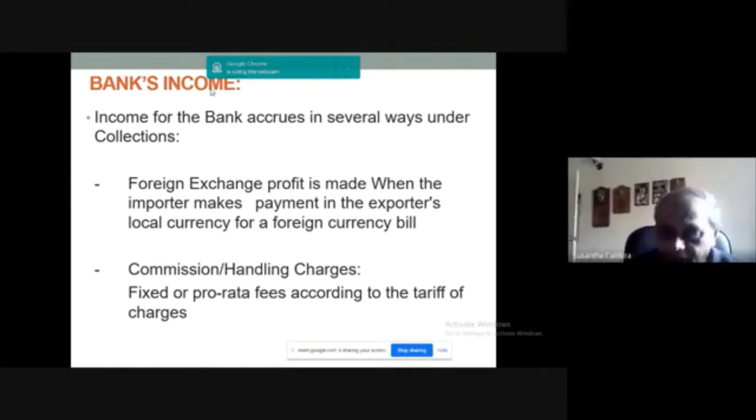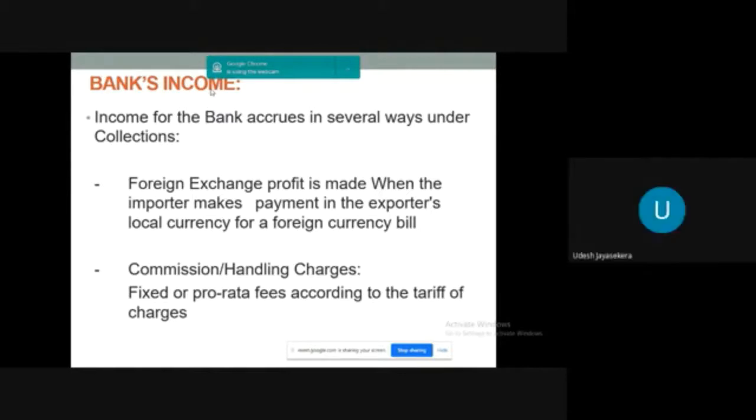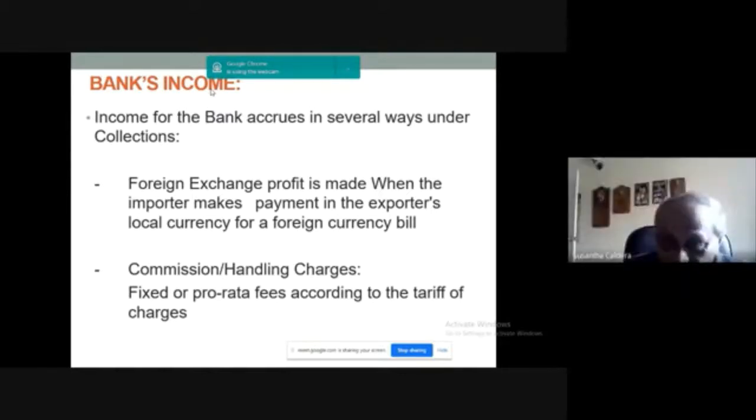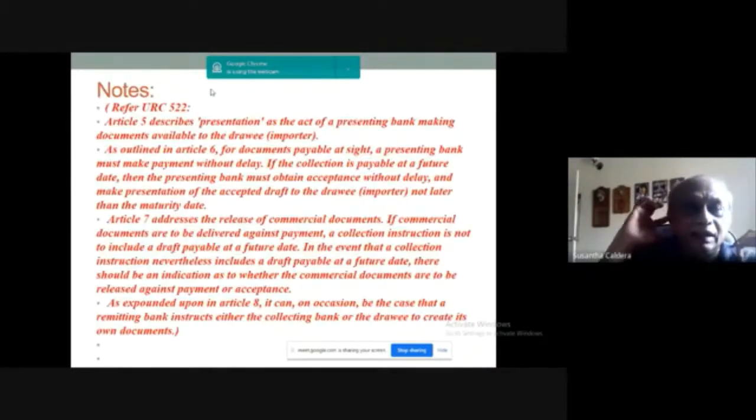Telex charges, shift charges. Shift charges come under commission or handling charges. Everything comes under handling charges. I think I have covered the two most important areas, that is foreign exchange profit and the commission. I think more than the commission, foreign exchange profit is a good profit to the bank.